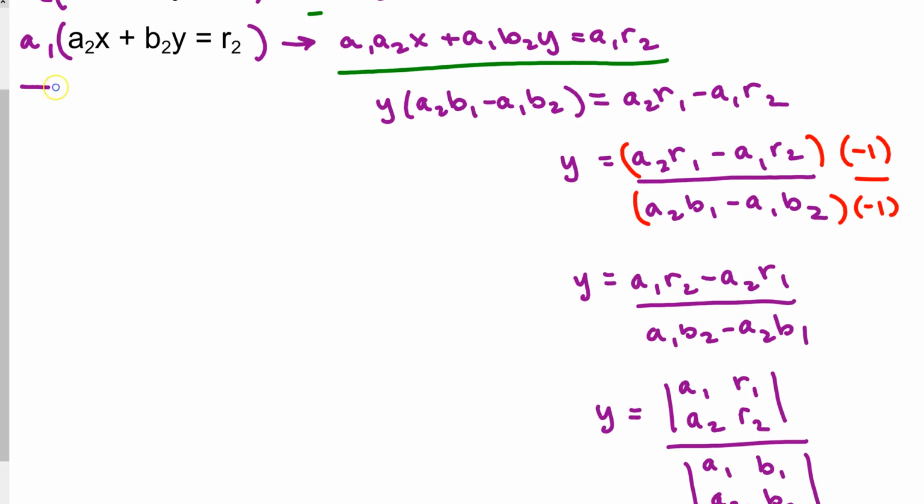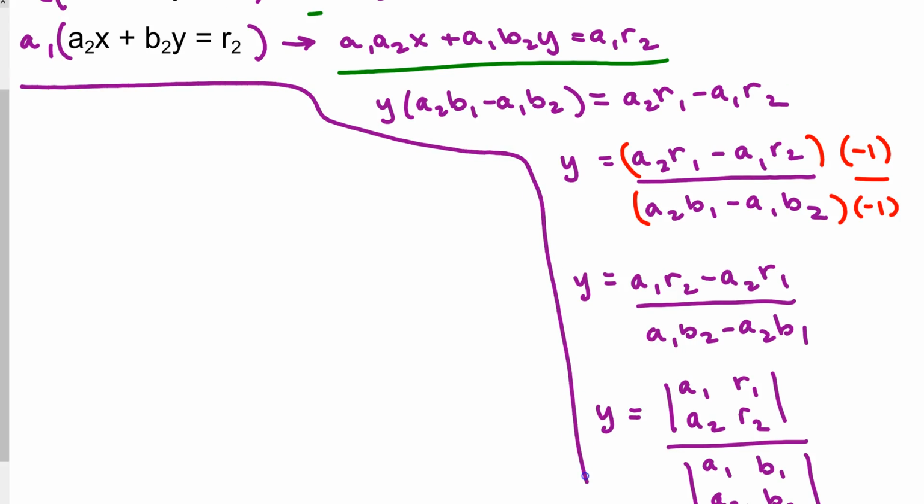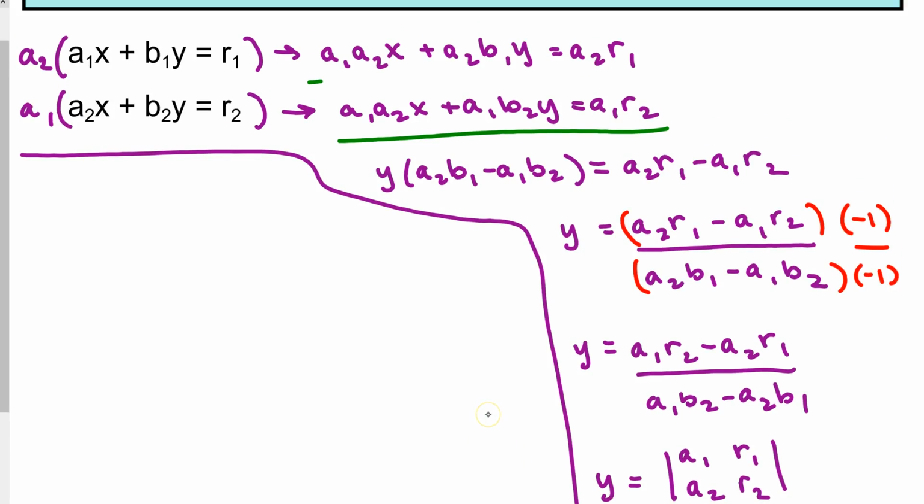And to get the value of x, I could do the exact same thing. Instead of eliminating x, I'm going to eliminate y. So I'm going to multiply the top equation by B2. And I'm going to multiply the second equation by B1.